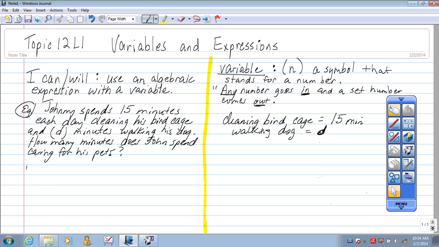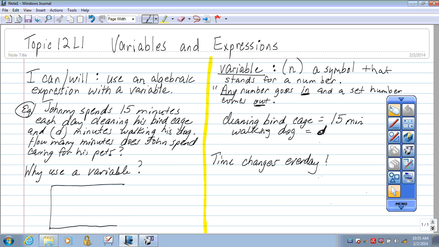So why do we use a variable? Well, because the time changes every day. The amount of time that he walks his dog changes every day. So let's make a table. Okay.